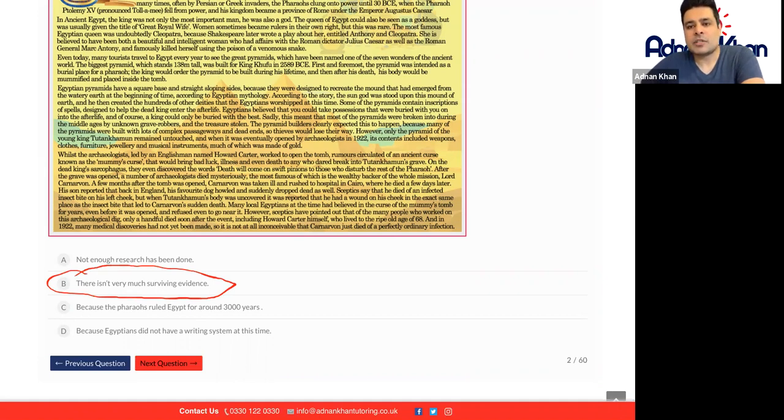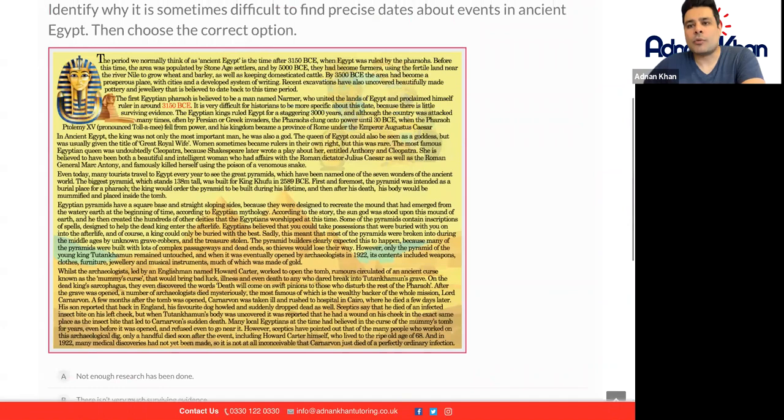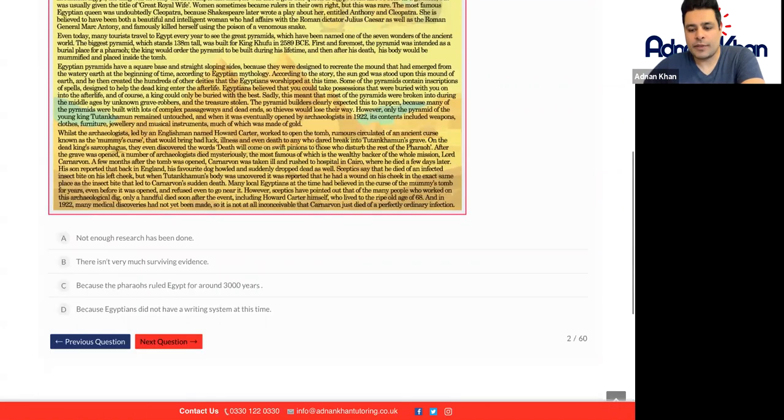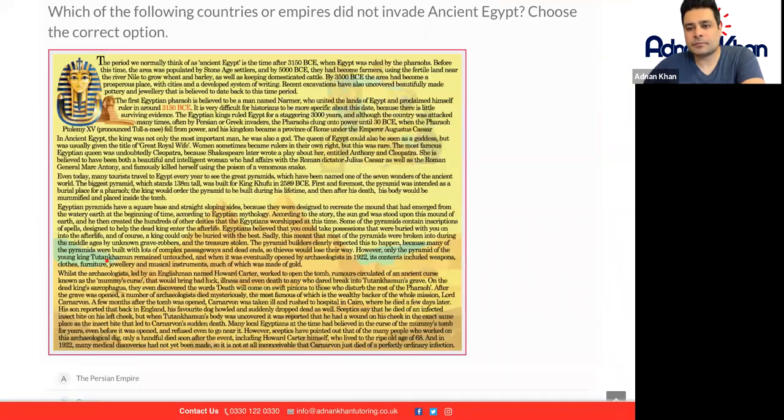That's one of the reasons why we can't be sure as to why the dates are not precise. Okay, so let's go with option B and just mark that first of all. Let's go to the next question.